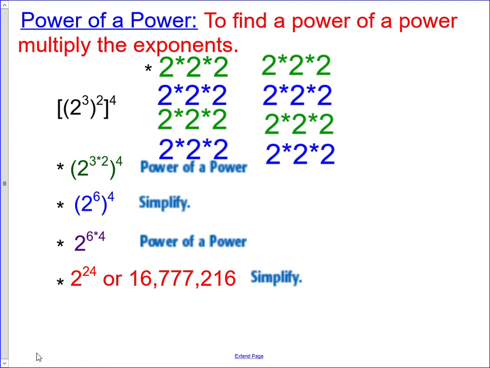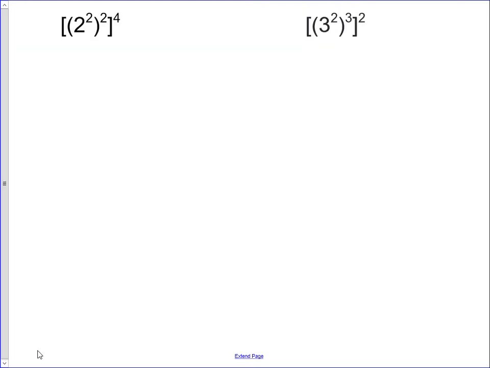Let's work a couple more examples just so it stays with us. Here we have 2 to the second power raised to the second power, and all of that raised to the fourth. Well, let's go to the very innermost parenthesis and work our way out. 2 to the second power raised to the second power would be 2 to the 2 times 2 power, then raised to the fourth.